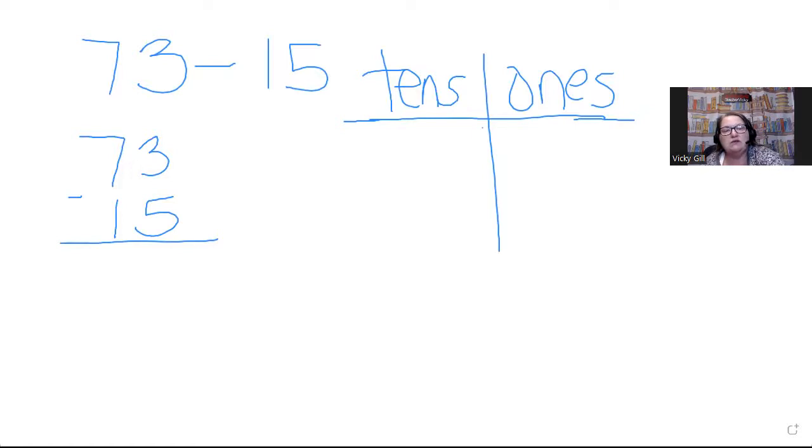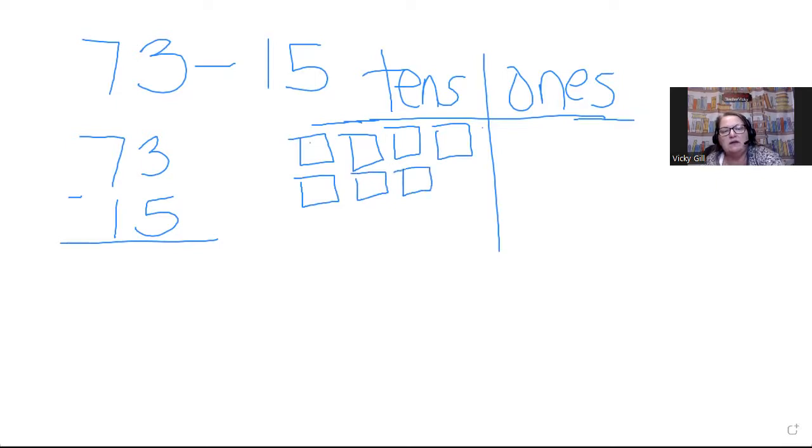So I'm going to do 7 squares: 1, 2, 3, 4, 5, 6, 7. And for ones, I'm going to do circles: 1, 2, 3. So that represents 73.